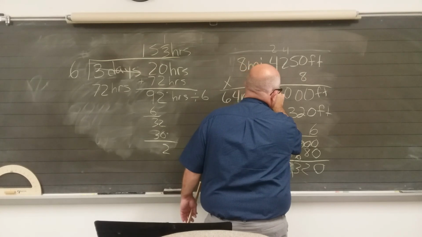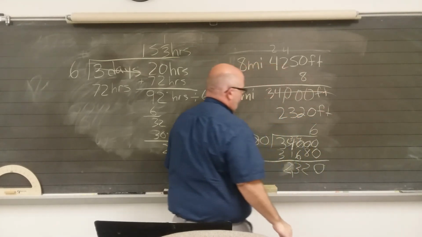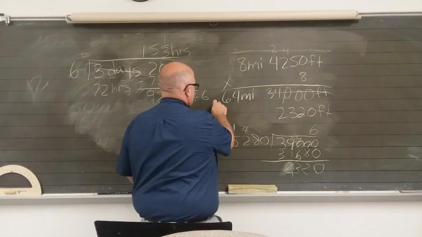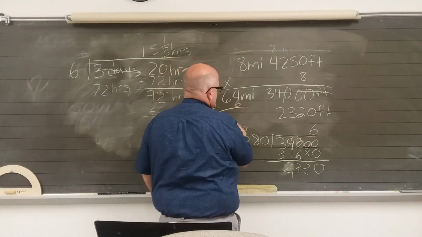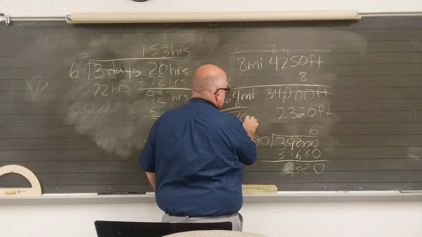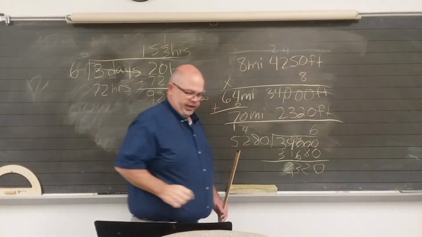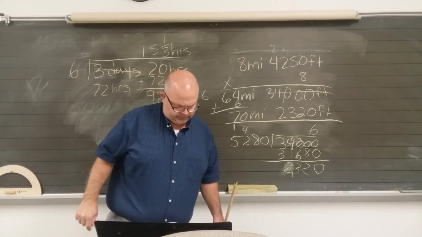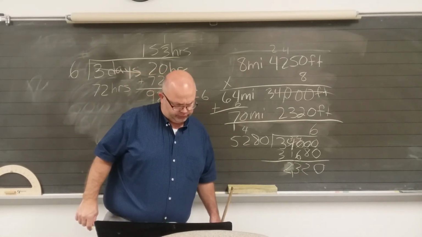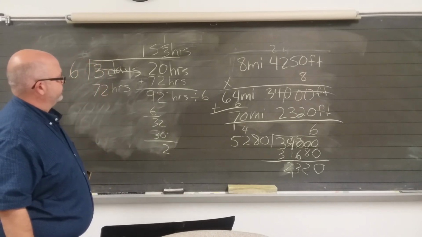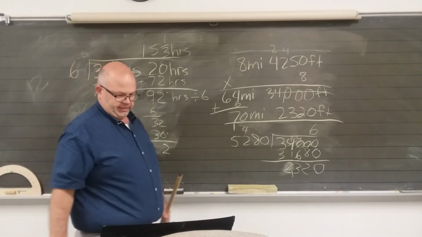Okay, you're done with feet. You don't add or anything there. That goes away. Your remainder is feet. You add 64 plus 6 would give you 70 miles, 2,320 feet. 70 miles, 2,320 feet. All right? All right? Excellent.